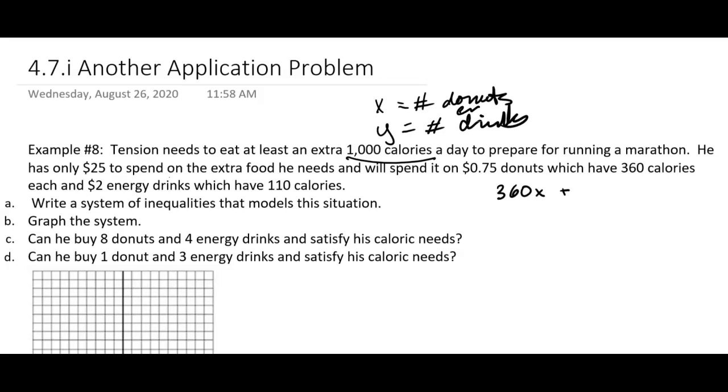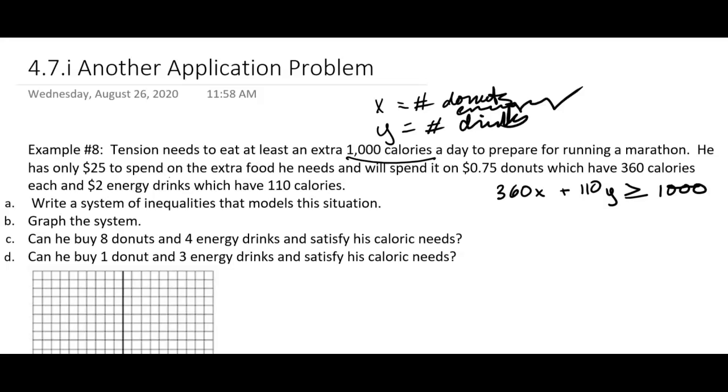They have 110 calories each, so it's going to be 110 times how many he drinks of those. We need that to be greater than or equal to 1,000 calories. So that says, depending on how many donuts he eats and how many energy drinks he has, that needs to be more than 1,000 calories or equal to.